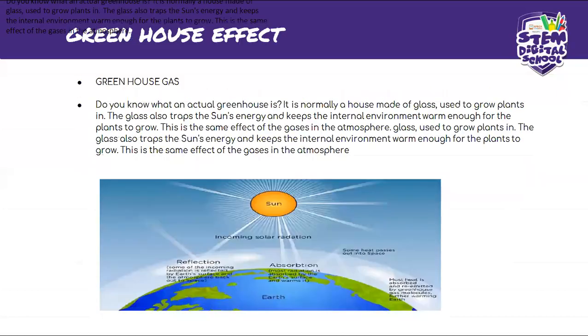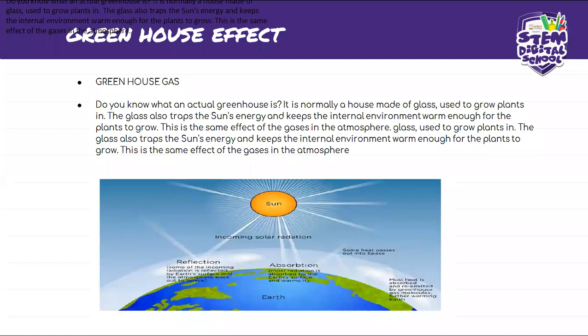All right, now let's go on. So this is what we are just talking about. Here, don't get confused. We're talking about using energy sources, but when we are using energy sources, they produce certain gases, and these gases will absorb the heat that is being released from the earth into the atmosphere.